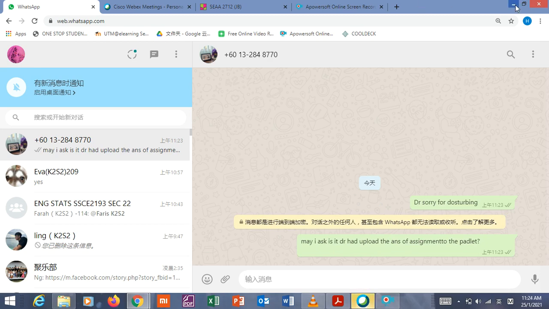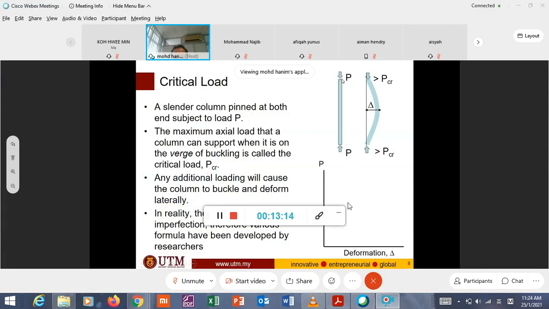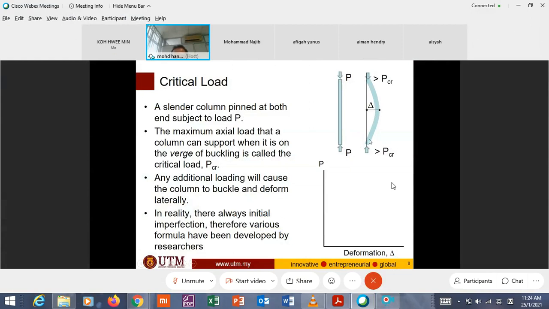Additional loading after you reach the critical load will cause the column to buckle and deform laterally. But in reality, various formulas have been developed by researchers. That's for later.